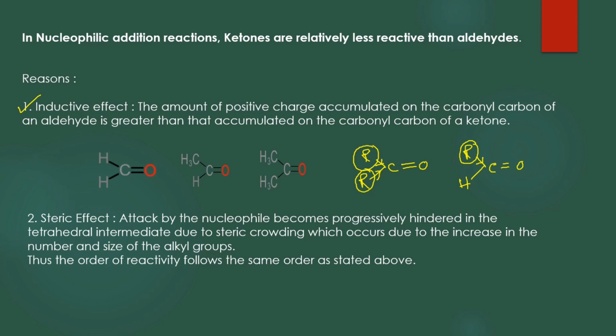Therefore, the amount of positive charge accumulated on the carbonyl carbon of an aldehyde is greater than that accumulated on the carbonyl carbon of a ketone. Thus, from the electronic point of view, order of reactivity of carbonyl compounds may be given as: formaldehyde will be most reactive, then acetaldehyde, then acetone.